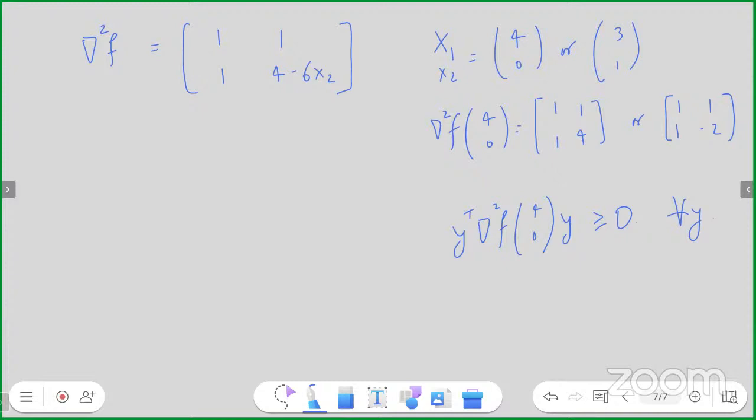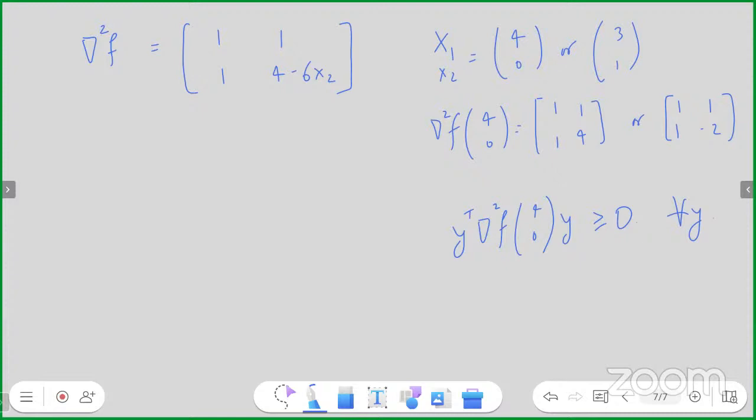Don't hesitate. There is a minima at 4, 0. If there is a minimum, then it is a local one. There is a local minimum. There is a global minima at 4, 0. You see, I told you there will be many different versions.